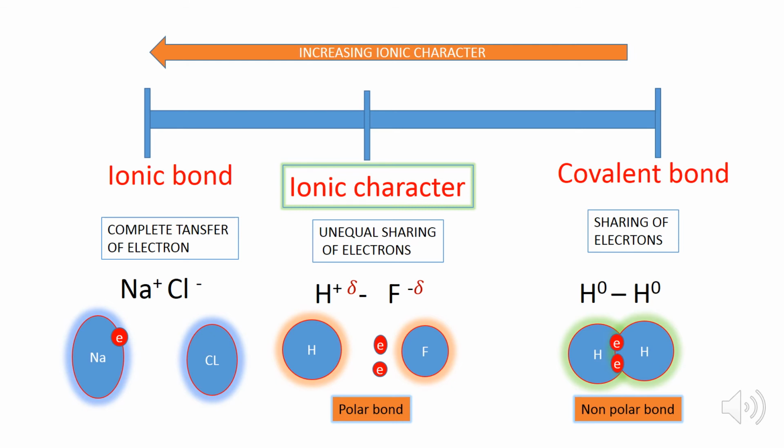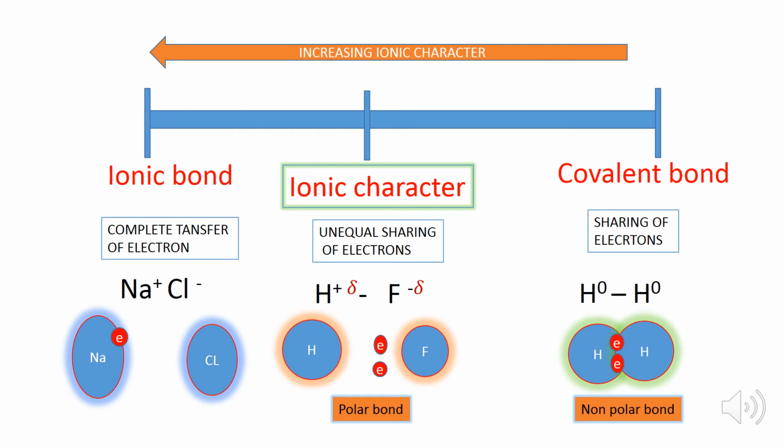These dipoles last for a very short period of time, and here the electronegativity difference is less than 0.9. Therefore, we ignore this electronegativity difference because it's very small, and we say that these bonds are 100% covalent.